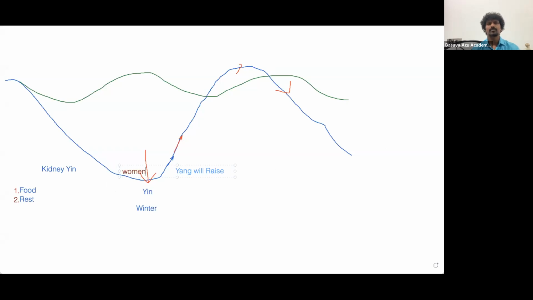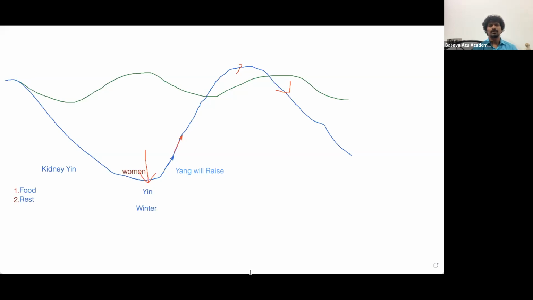Kidney yin is represented with the yin hormones that are bringing you the yin characteristics: estrogen, progesterone. All these things are yin, that makes you soft spoken. So that makes you a smooth skin.